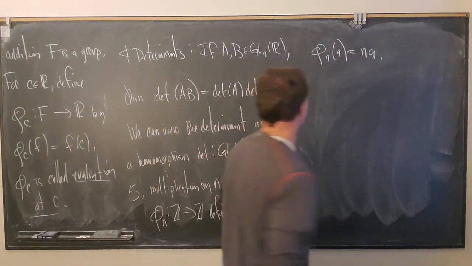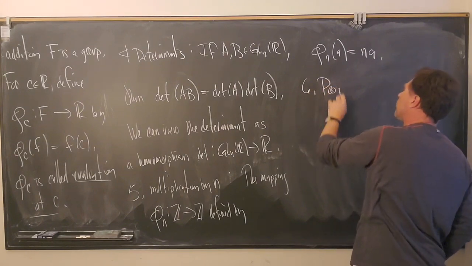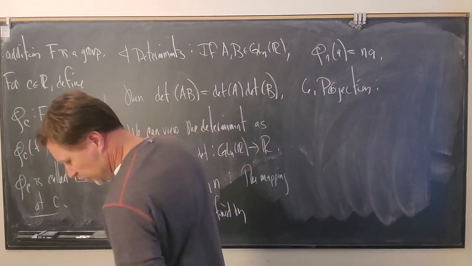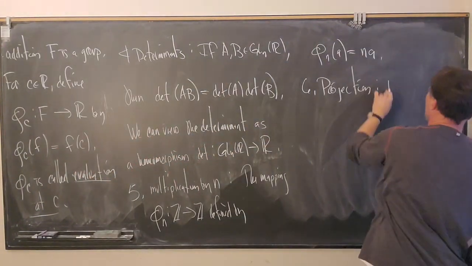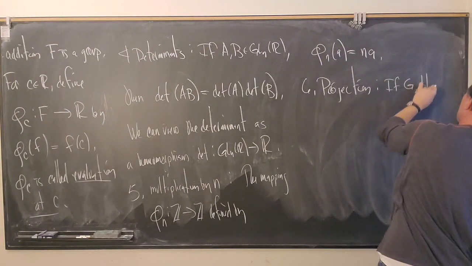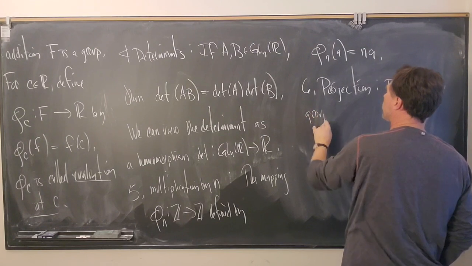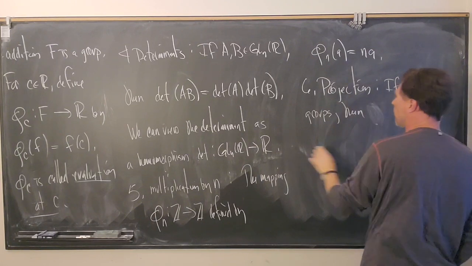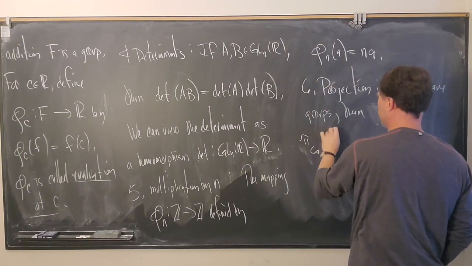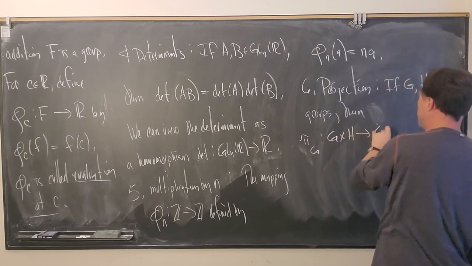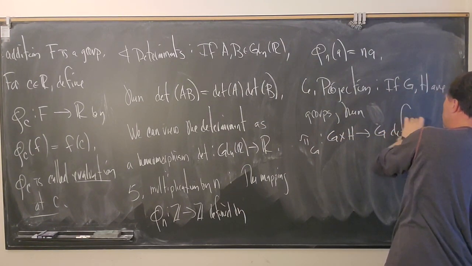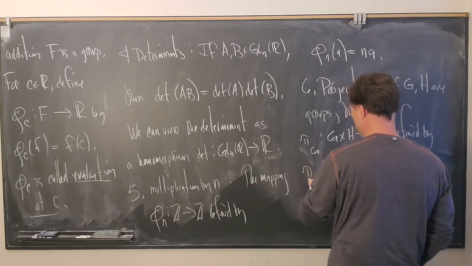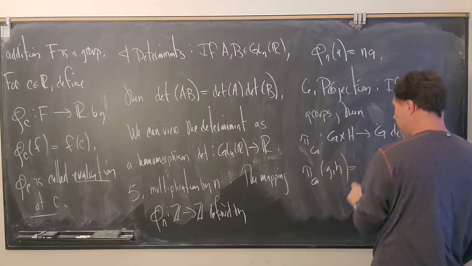And then two more. So the next one is called projection. Let's say G and H are groups, then pi sub G going from G cross H to G defined by pi sub capital G of (little g, little h) equal to little g.